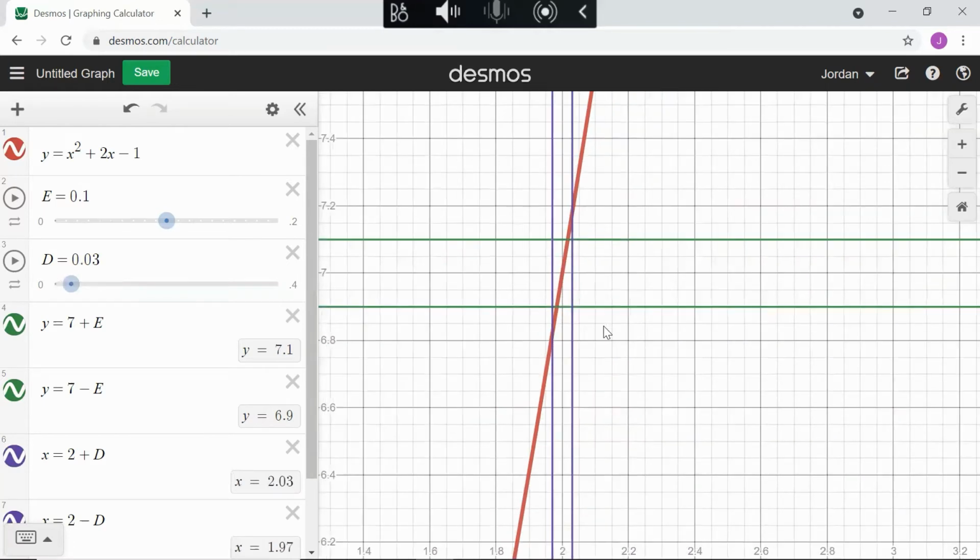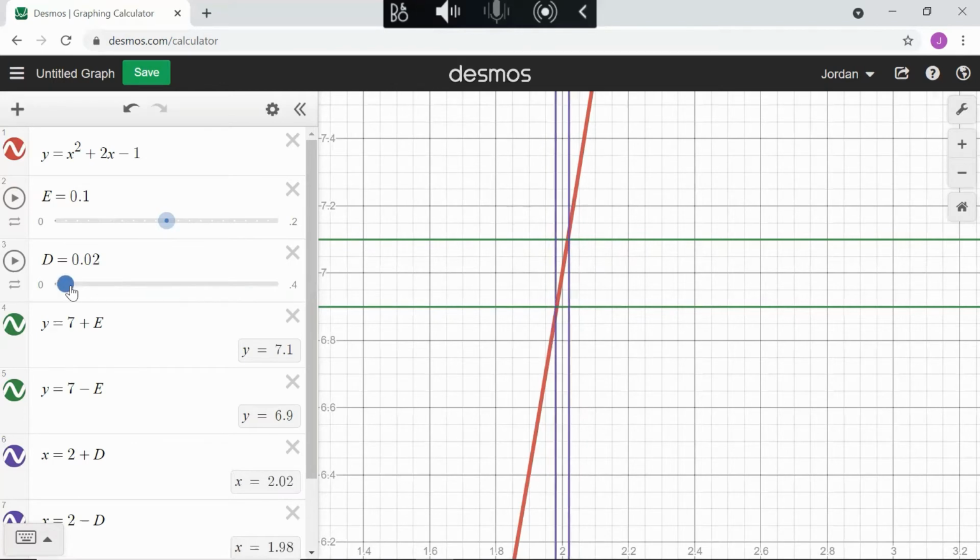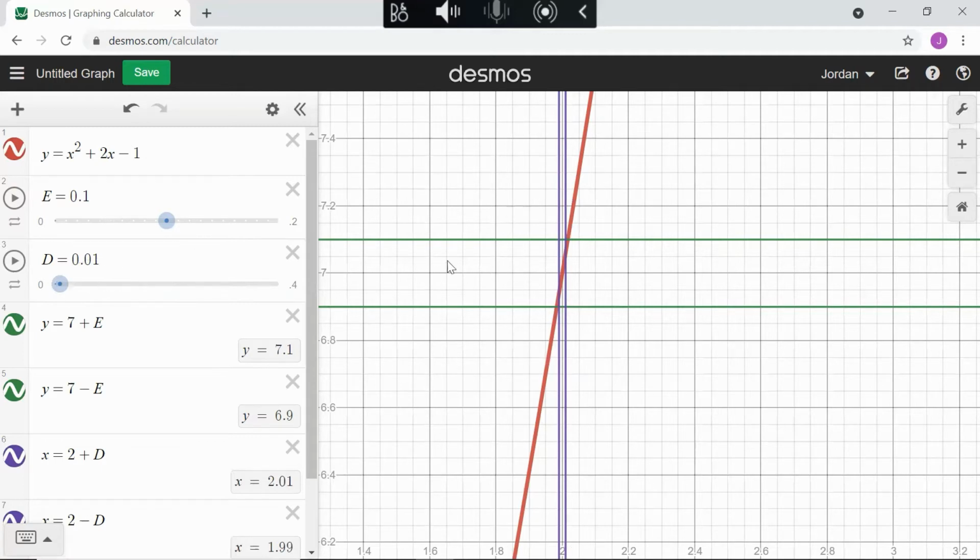If I let my delta be smaller and smaller, all of a sudden, when I hit a delta of 0.01, all of the outputs that are within this purple region are also inside this green region. So if I forced delta to be 0.01, then I would know also that my outputs would be within 0.1.